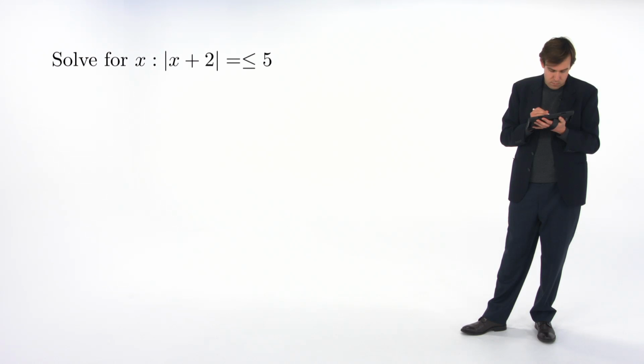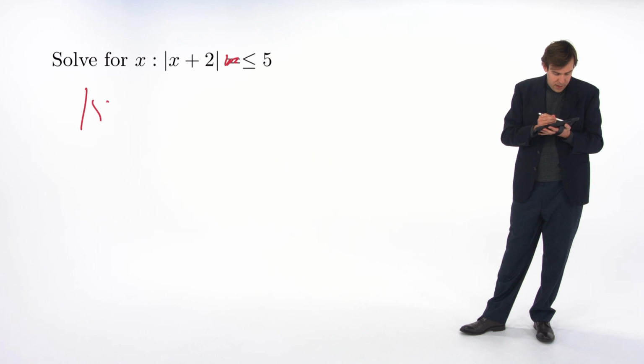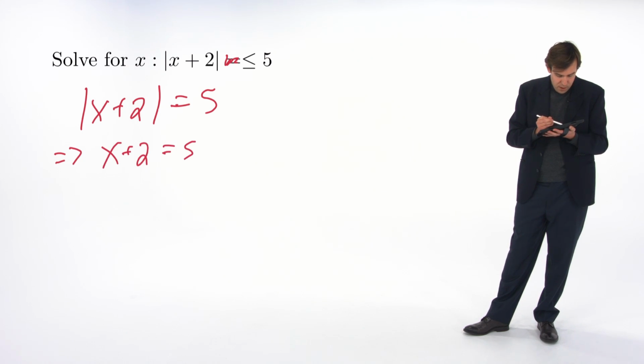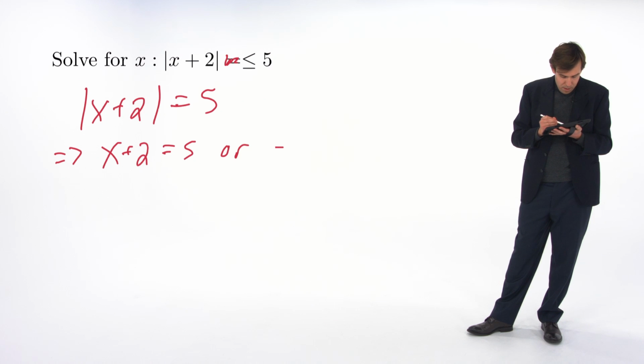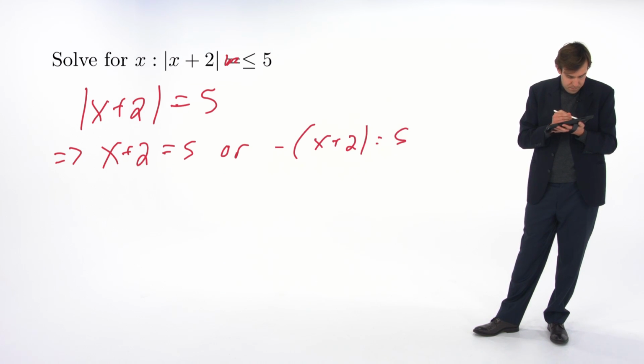So let's look at an example. So here I have absolute value of x plus 2 is less than or equal to 5. Okay? So how would this work? I would start by solving x plus 2 equals 5, or minus (x plus 2) equals 5.